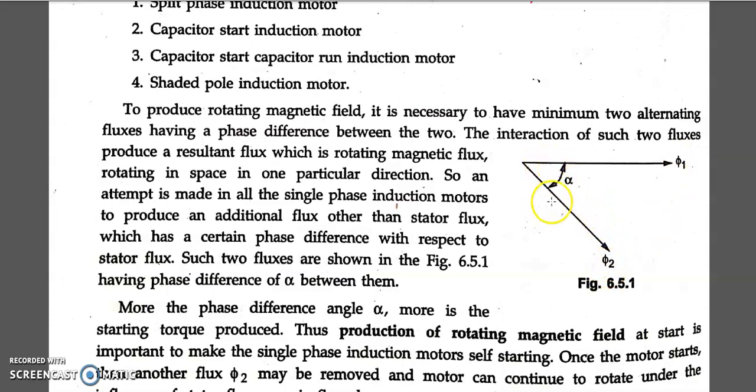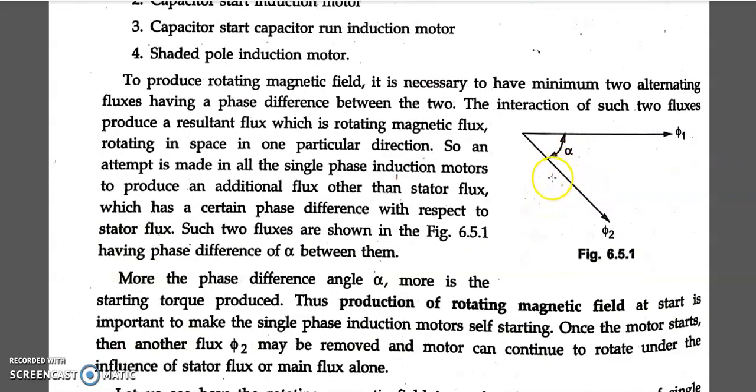Again you can see there is a difference of angle alpha. You can have even 90 degrees also, but just for the sake of understanding, they are representing the phase difference between those two fluxes as alpha. Remember, the more the alpha, the more the starting torque. So the starting torque is directly proportional to the angle alpha.